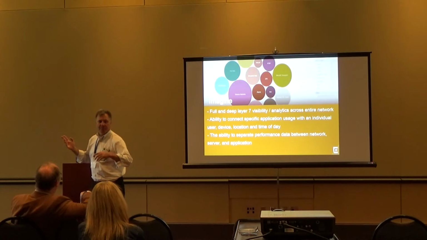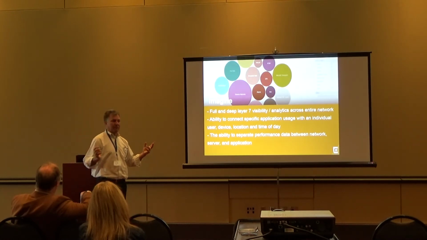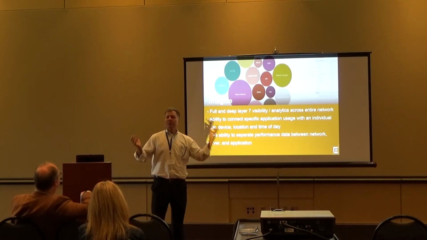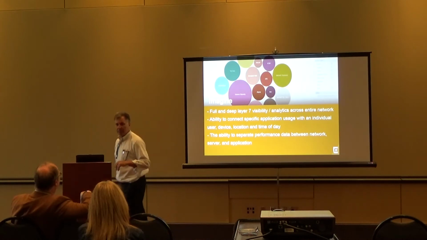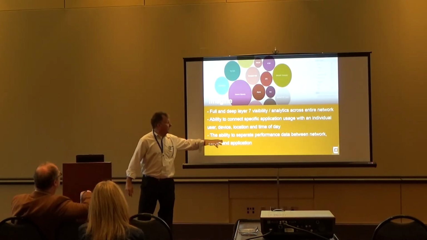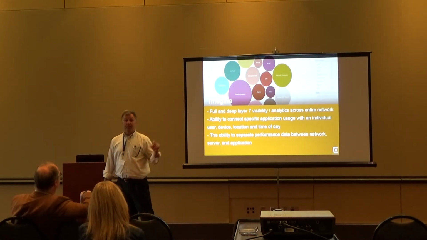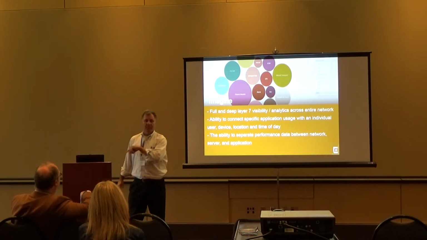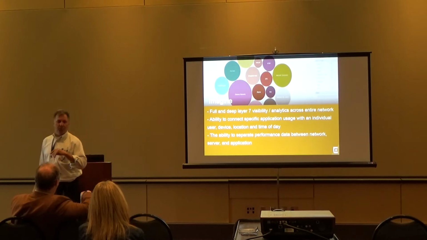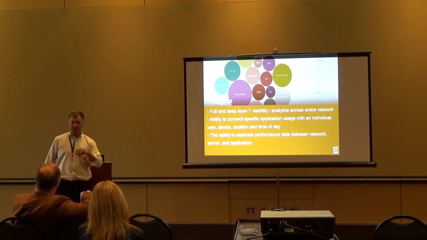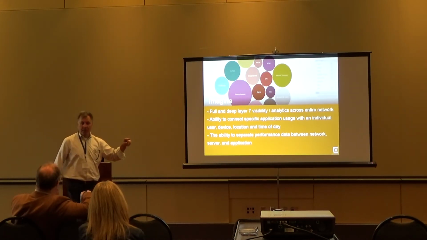So when there's a problem, it's always a network problem, right? I mean, if you're in the IT world, network's slow, it's got to be a network problem. Well, now you've got the ability to quickly say, is it a network problem? Is it a server problem? Is it an application problem? And you'd be surprised how often it's an application problem and it's not a network problem.